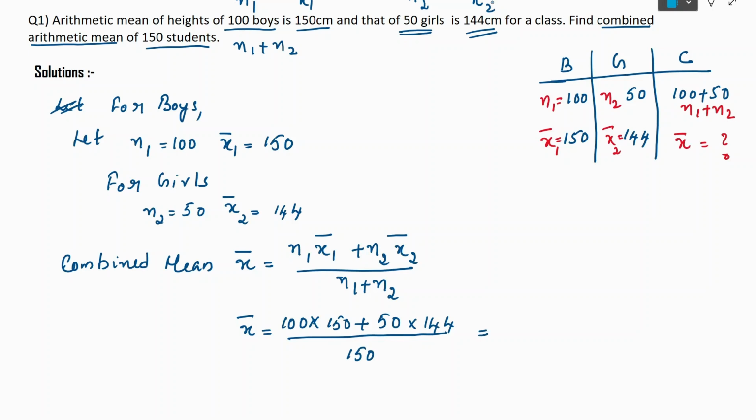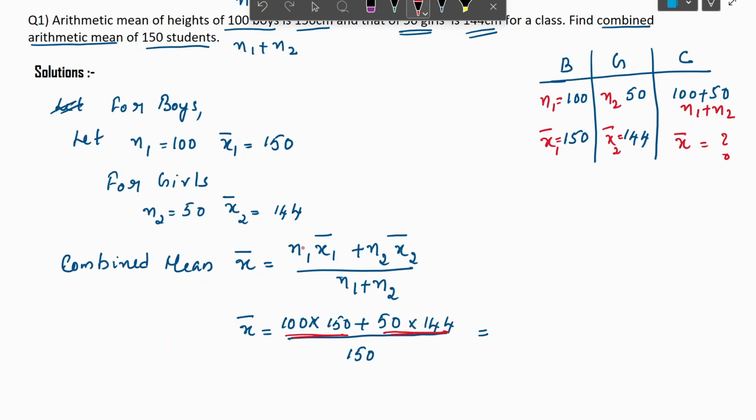This is equal to. Now, students, you are using the scientific calculator. That's why you have to do the multiplication separately, because the board marks rule is applied here. First multiply 100 into 150 and then multiply 50 into 144. If you are doing it with a mobile, your calculation can be done in one step, but it is not possible in a scientific calculator.